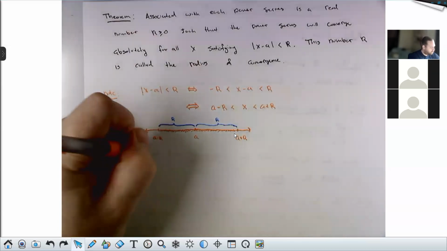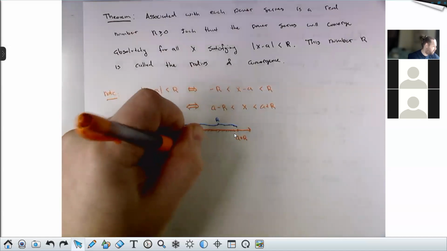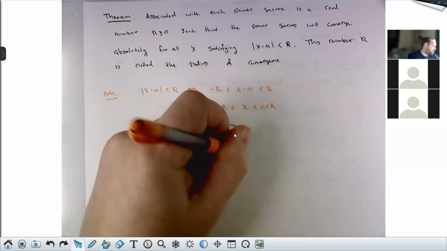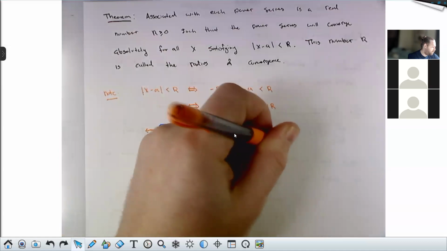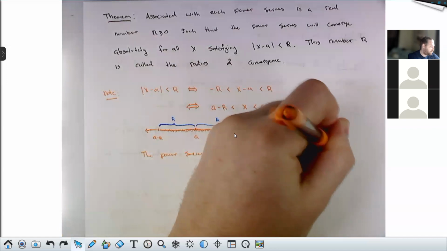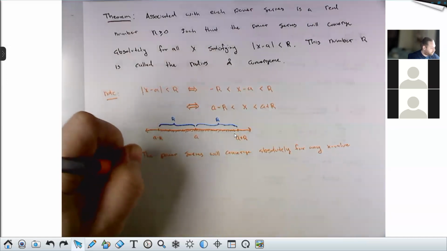So the power series will converge absolutely for any x value coming from the shaded interval.